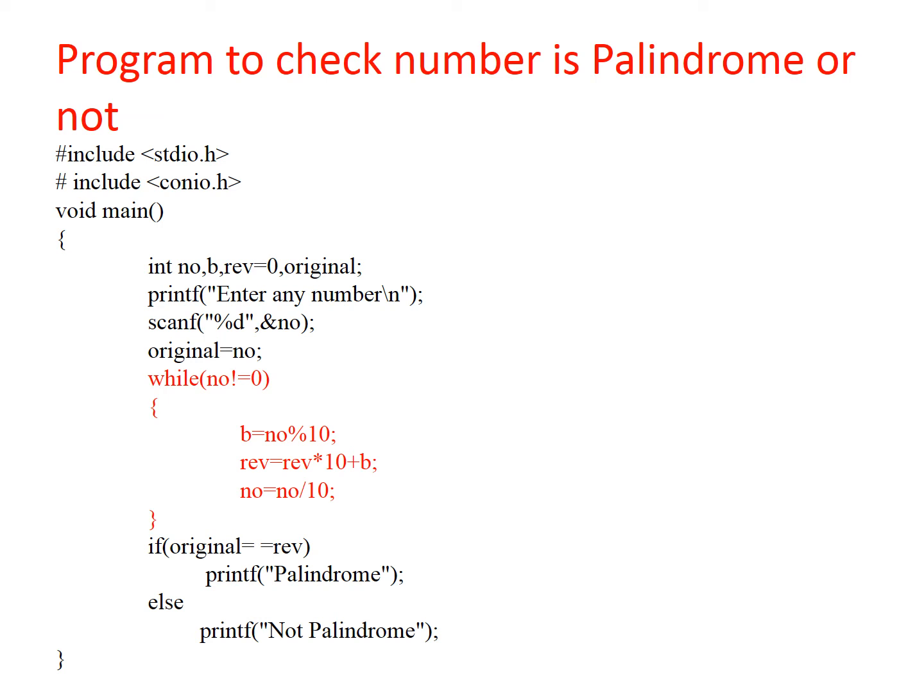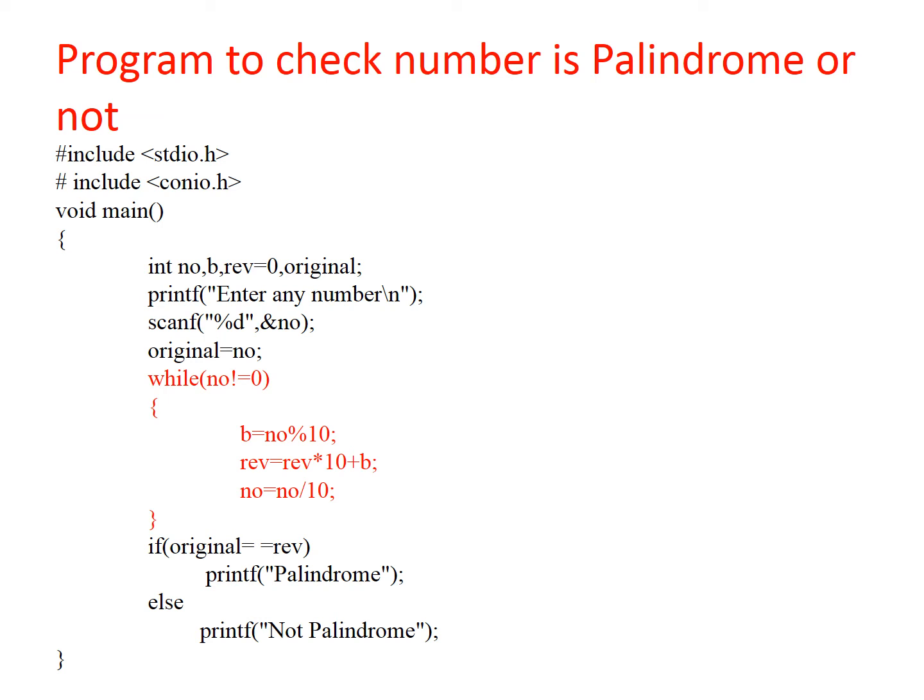In the start, we have included the header files. In main, first of all, the declaration of the different variables is carried out. Then we take the number from the end user, and for that we have used the scanf function. As the number is an integer, we have used %d and number.